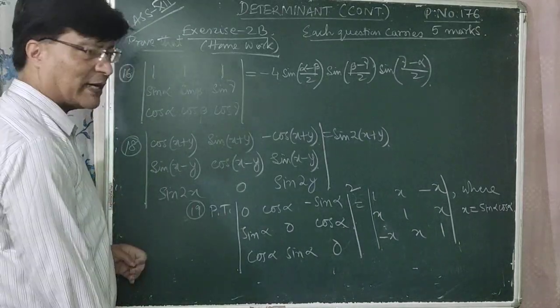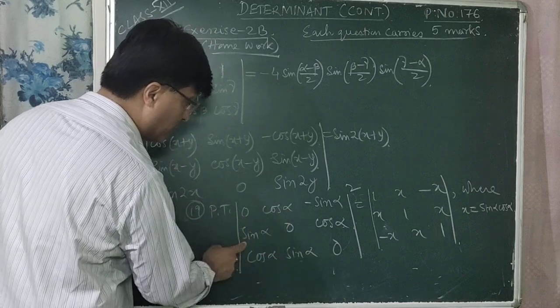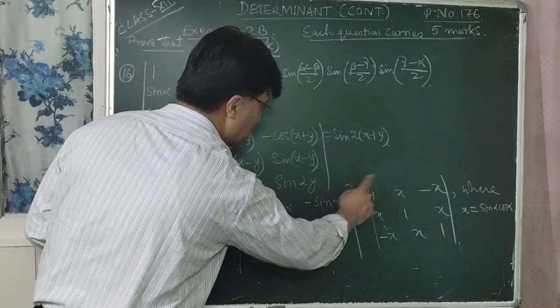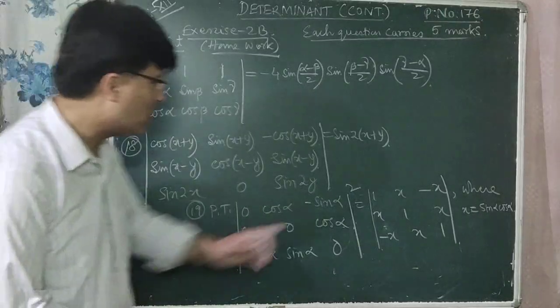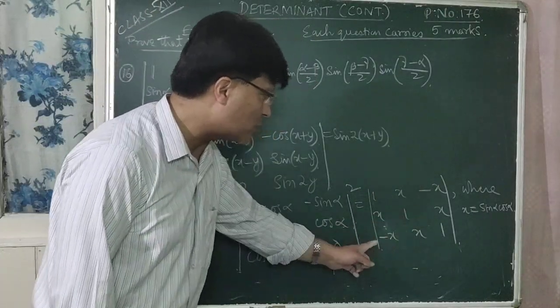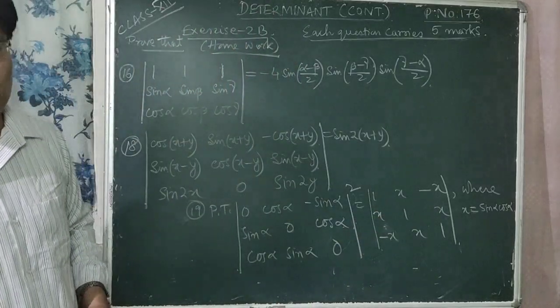In number 19, you have to prove that the determinant with rows 0, cos alpha, minus sin alpha; 0, cos alpha, sin alpha; 0, whole square, is equal to the determinant with first row 1, x, minus x, second row x, 1, x, and third row minus x, x, 1, where x is equal to sin alpha cos alpha.